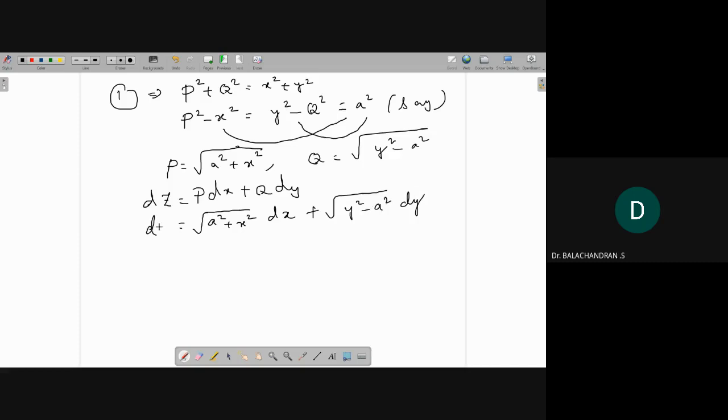If you integrate, you will get capital Z equal to, so you should know the formula for the integral of root of x square plus a square, equal to x by 2 into root of x square plus a square plus a square by 2 into sinh inverse of x by a.